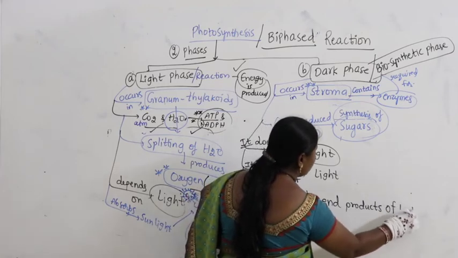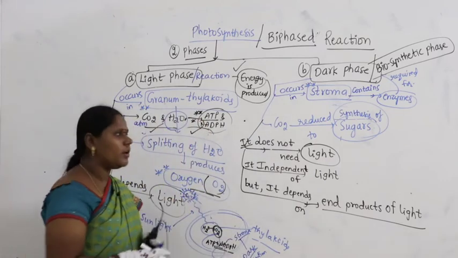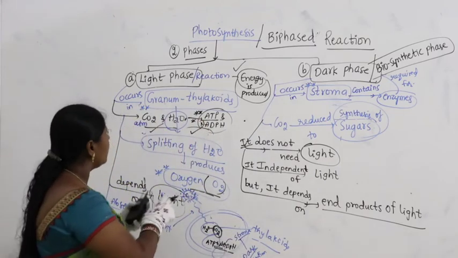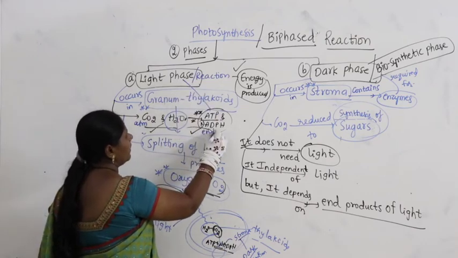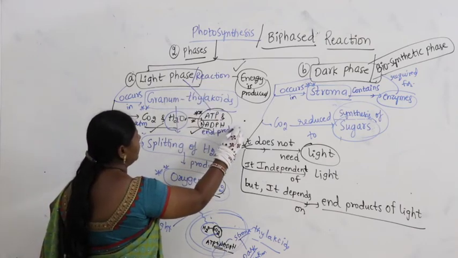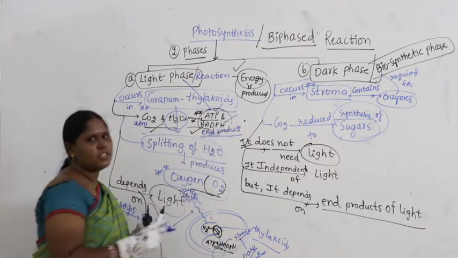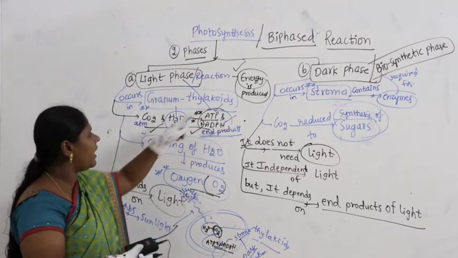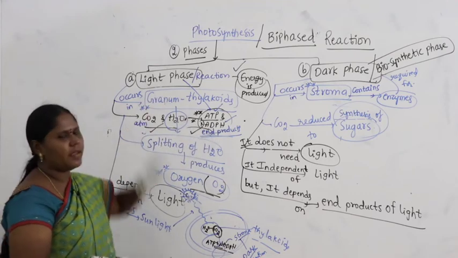What are the end products of light? By the end of light reaction, what are produced? ATP is produced, NADPH is produced. So, ATP and NADPH are the end products of light reaction.